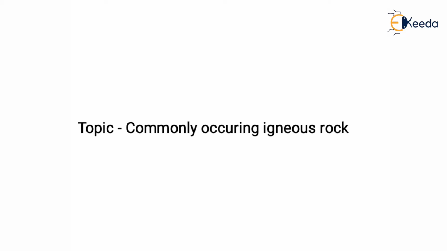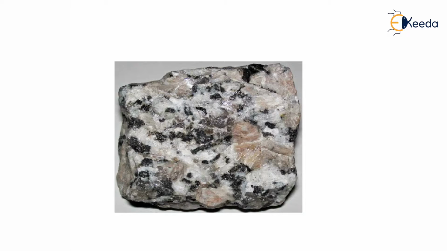Whatever information I'm giving here, I have studied both macroscopically and microscopically, and after that I collected the information and showed it to you. See, this is the granite rock, and it consists of large grains and also small grains. If you have attended my lecture on the origin of igneous rock, you can directly identify that this rock consists of large grains.